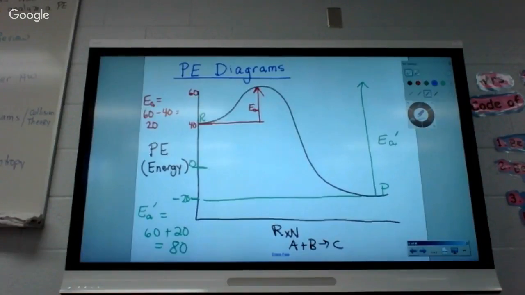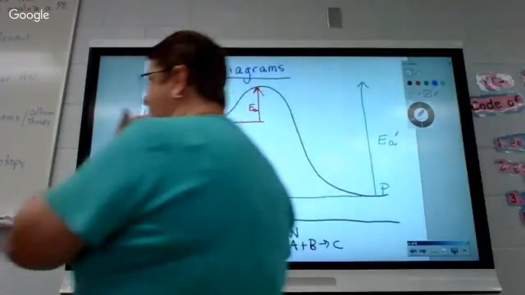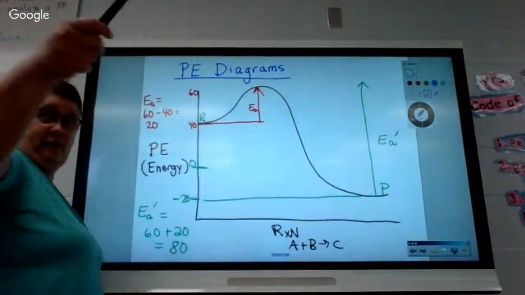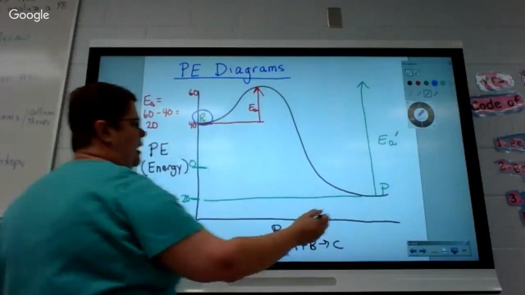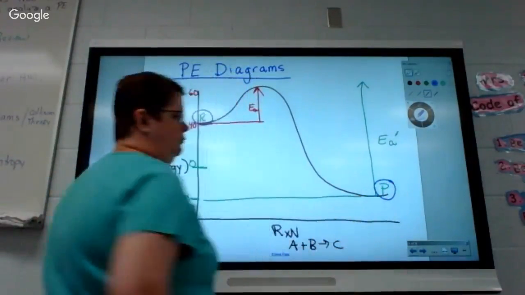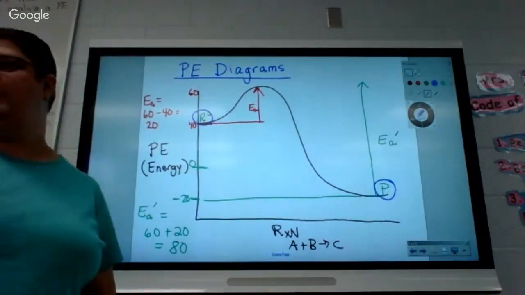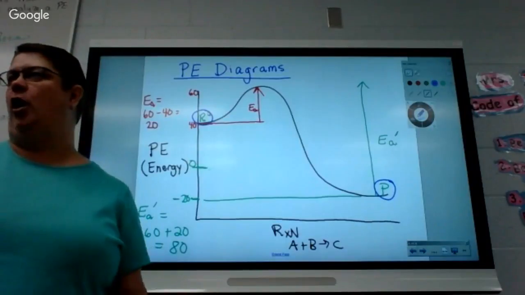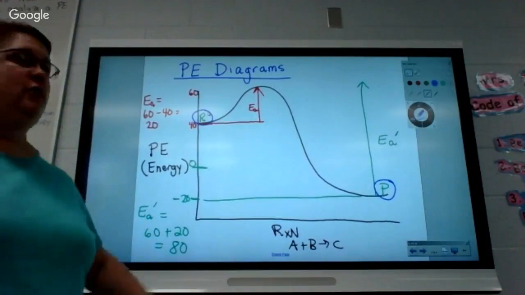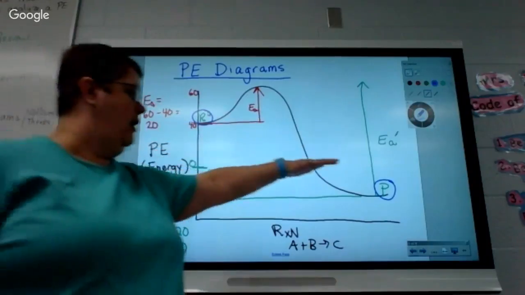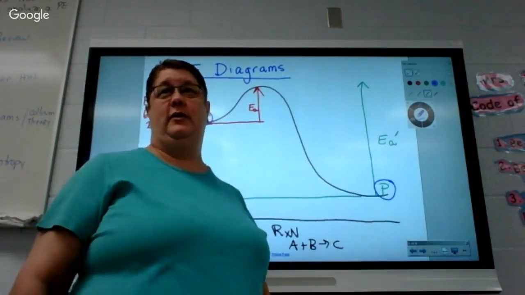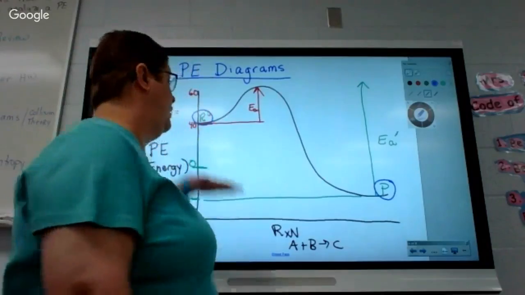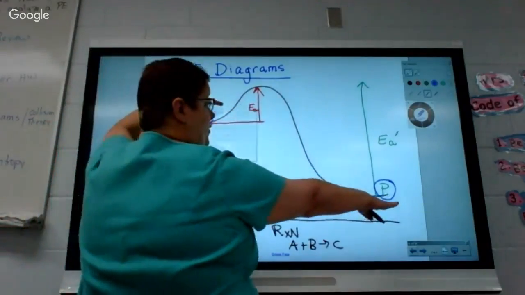Okay. So look at where they have the right answer. All right, look at where the reactants are and look at where the products are. What happened over the course of the reaction? The reactants are here and the products are there. What did the products do? Did they absorb energy or did they release energy? They released.